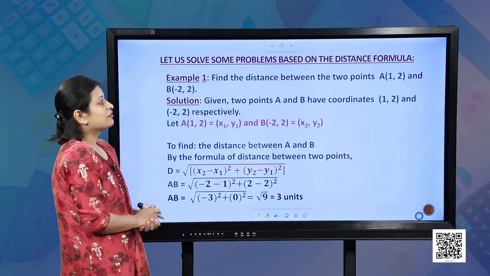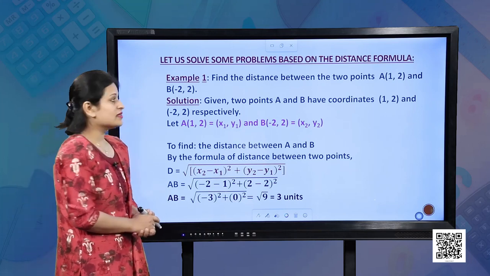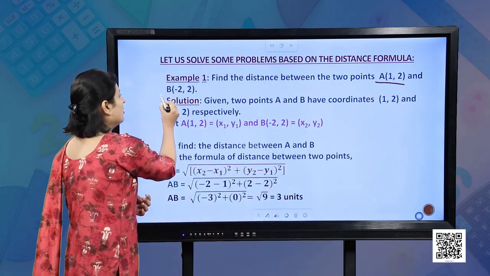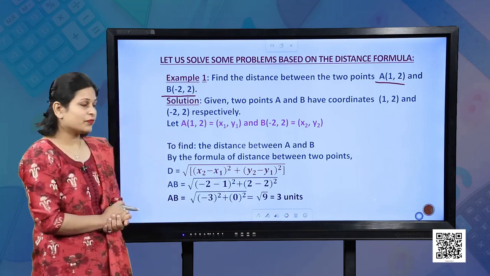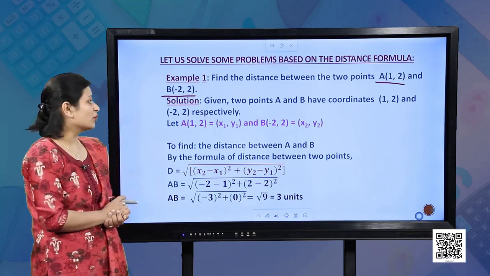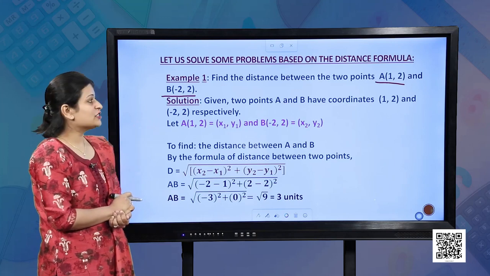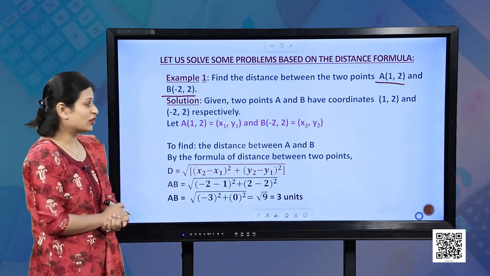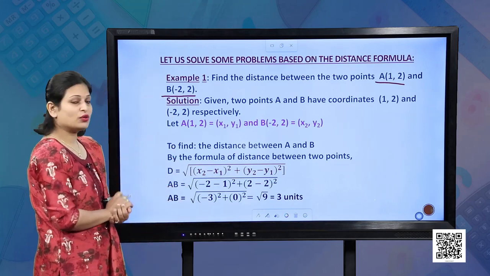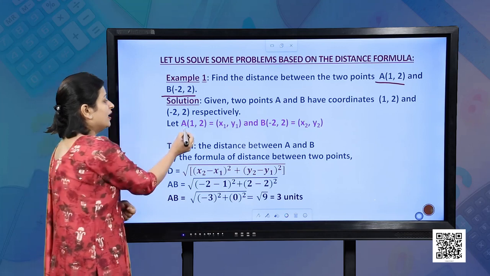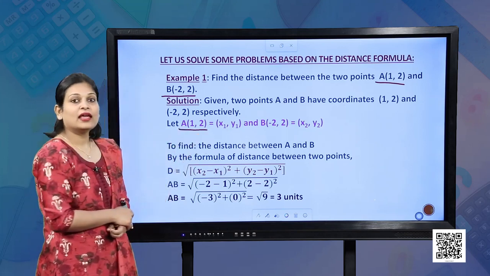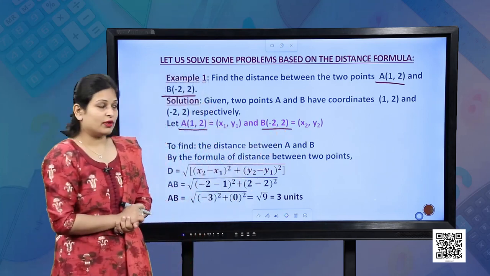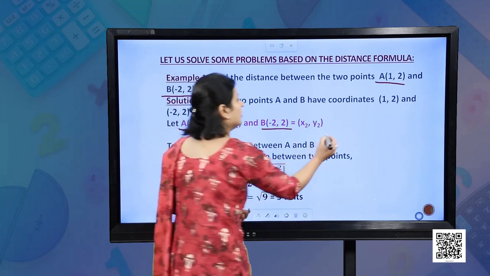Example 1. Find the distance between the two points A(1, 2) and B(minus 2, 2). For this, what we need to do? We have to consider these points A and B with coordinates (1, 2) and (minus 2, 2) respectively. So, let A(1, 2) be (x1, y1) and B(minus 2, 2) be (x2, y2).